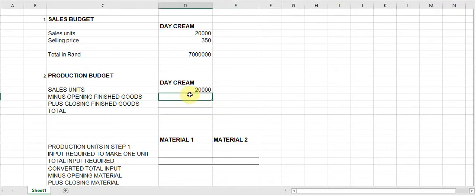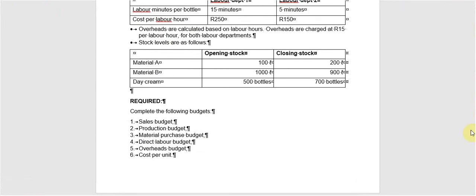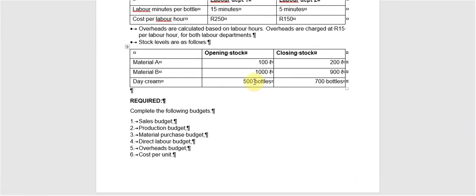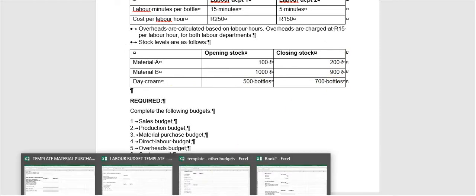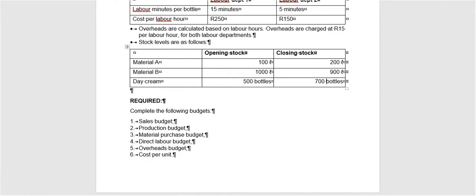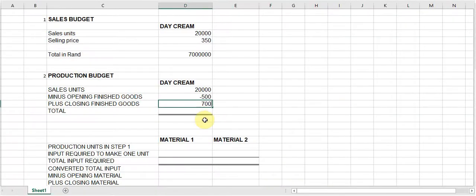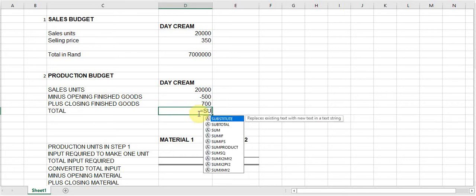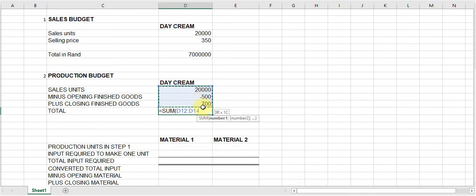Then minus the opening finished goods. If I go back to the question, the opening was 500 bottles of day cream. The closing was 700 bottles of day cream. So it's minus 500, add 700. We just double check 500 and 700, yes. And I am just going to get the sum of that.